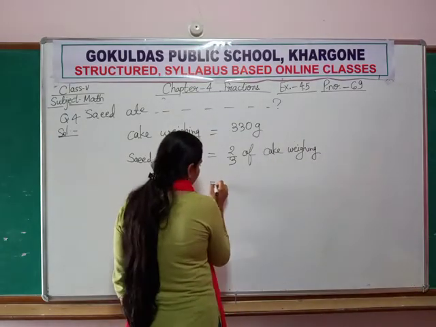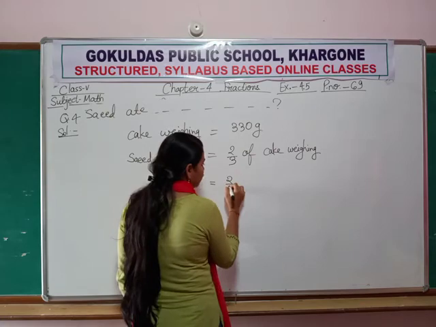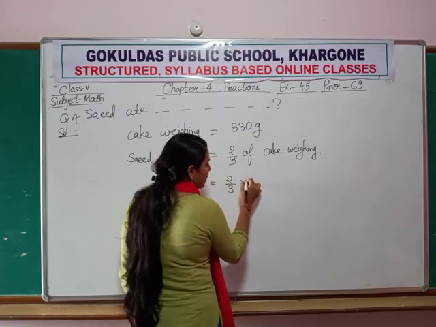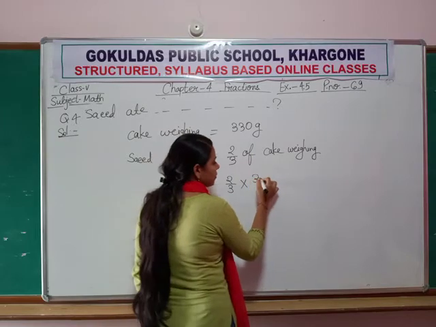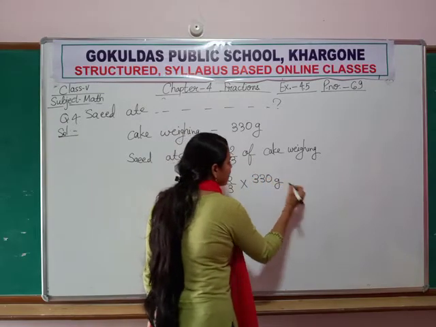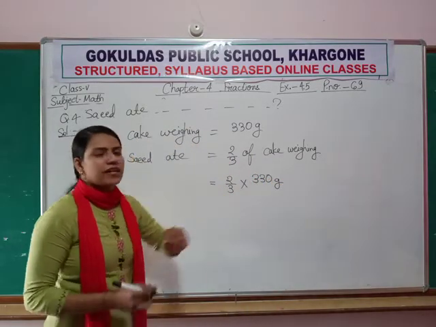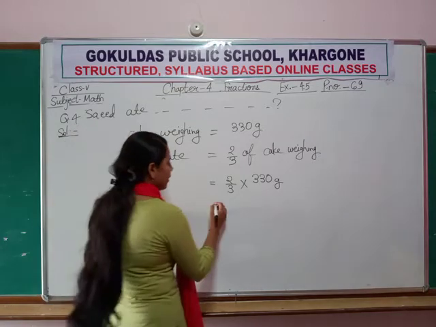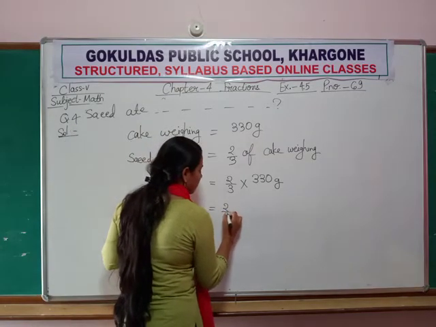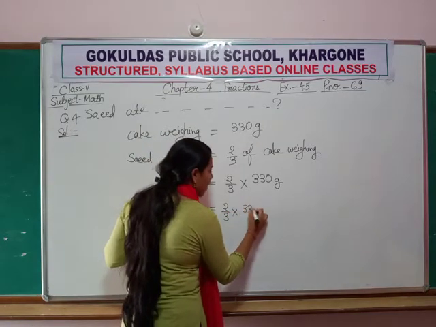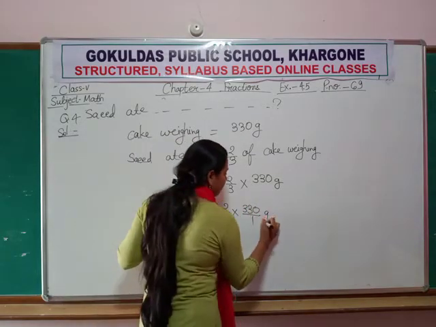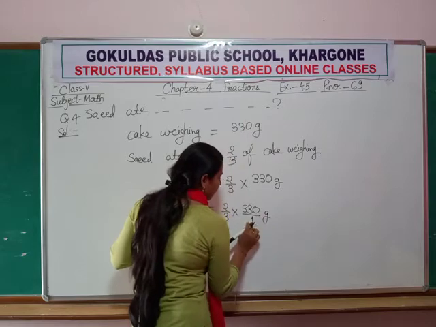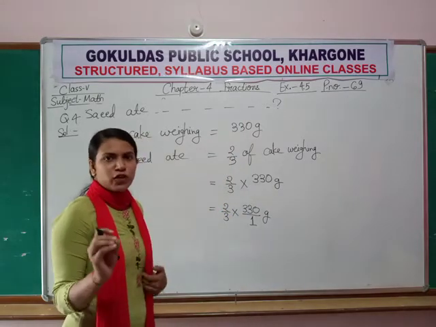So now we will write 2 upon 3. Of means multiply, and the cake weighing is 330 grams. Now 330 is a whole number, so we can write 330 upon 1 to make it a fraction. You already know that now.